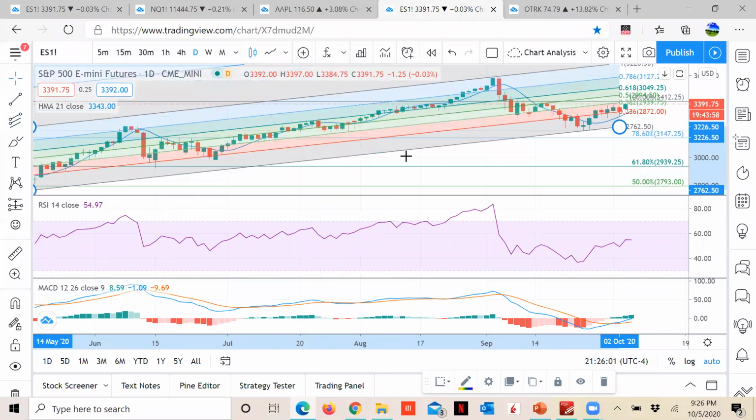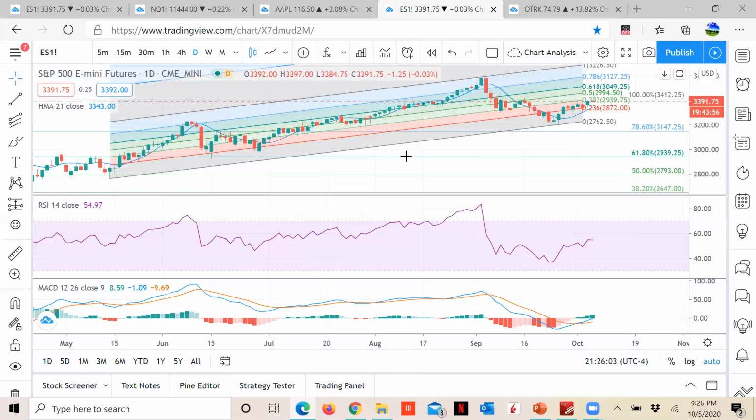What I did here is, if it's an upward trend, you select the low, the second low, and then you select one high in the middle of these two lows. That's how you draw a Fibonacci channel.